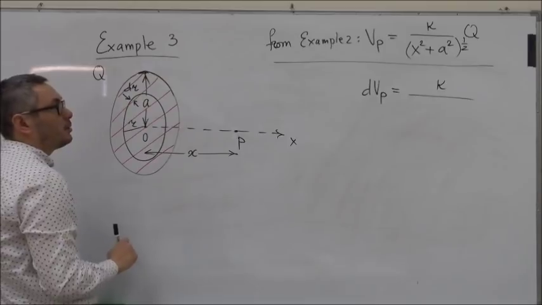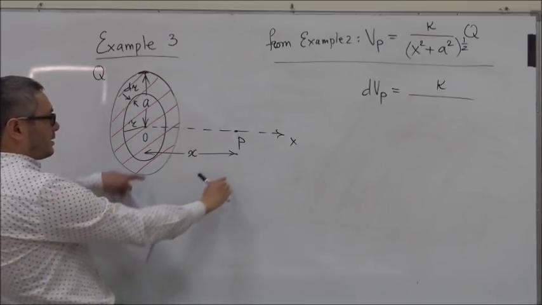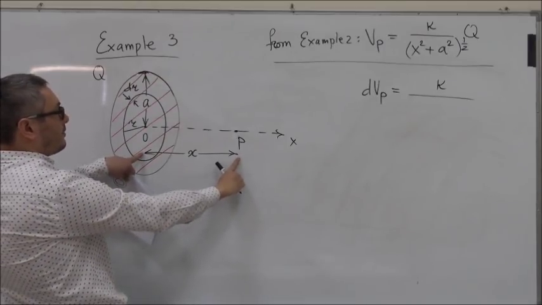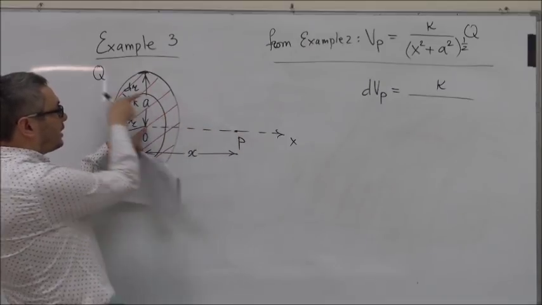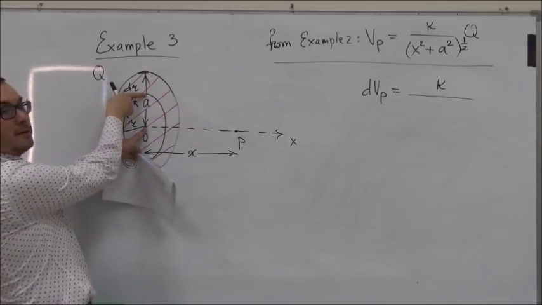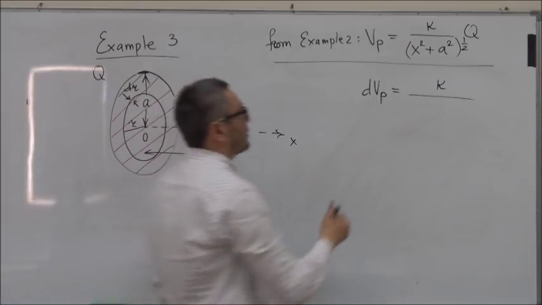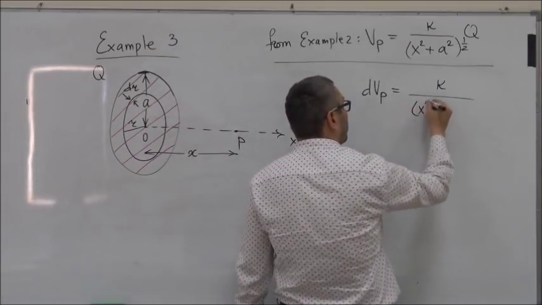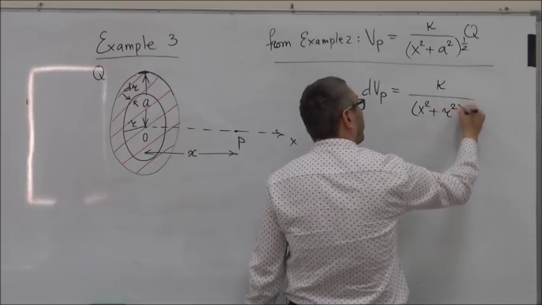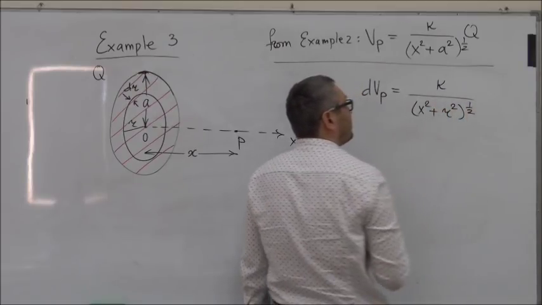Well, now it will change a little bit. This distance is still equal to x, but this distance is now equal to r. So instead of a, we put r. So this becomes x squared plus r squared to the power 1 over 2.